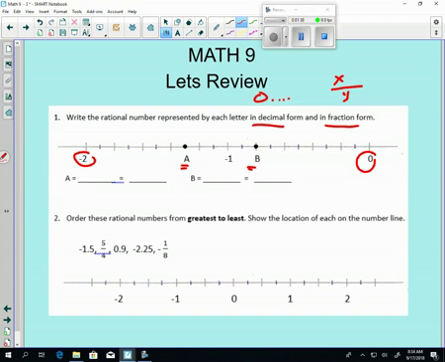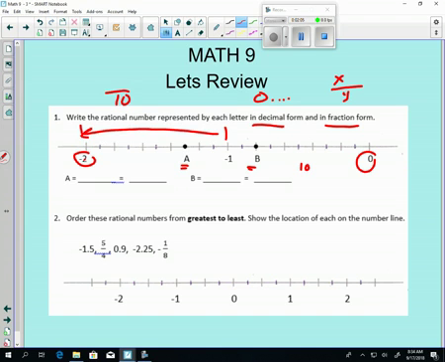Let's do it again, 1 through 10. So there's 10 parts. Then if we go from -1 to -2, we have 1, 2, 3, 4, 5, 6, 7, 8, 9, 10 as well. So we're going to be over 10s.